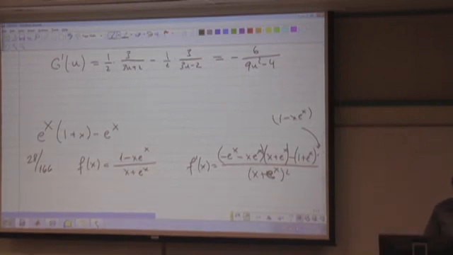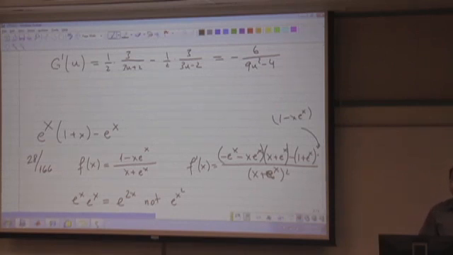By the way, out of curiosity, what is e to the x times e to the x? E to the 2x and not e to the x squared. Alright? Laws of exponents. You add the exponents, you don't multiply them. Alright?